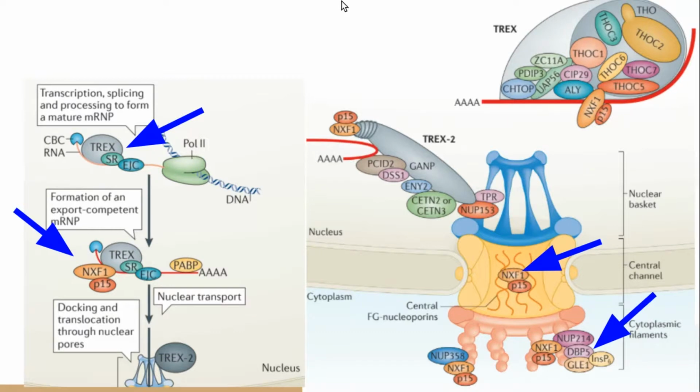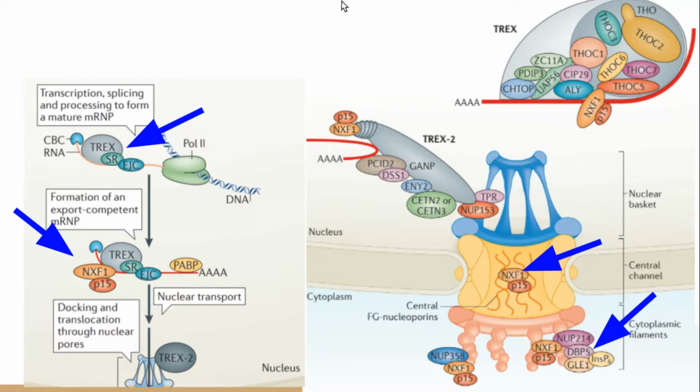Okay, so to summarize, we have SR proteins, the 5' cap, and various splicing proteins recruit the TREX complex. The TREX complex helps mRNA escape the nuclear speckles and also allows the NXF1 protein to bind to mRNA.